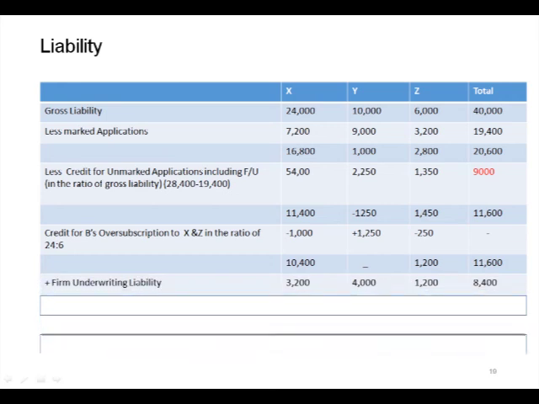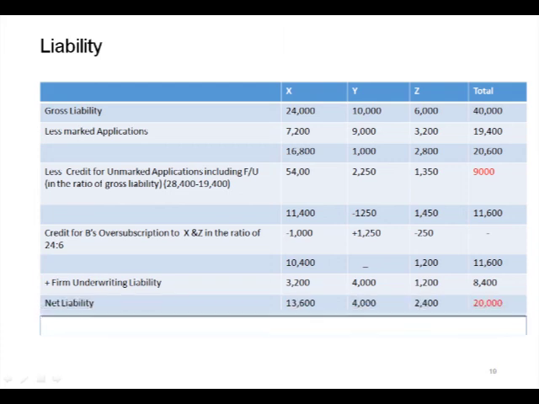Now we shall consider their firm underwriting liability. So it means that we will be adding back. Adding back means that this is their liability 10,400 plus 3,200 and nil plus 4,000, Z 1200 plus 1200, and total will be 11,600 plus 8,400.